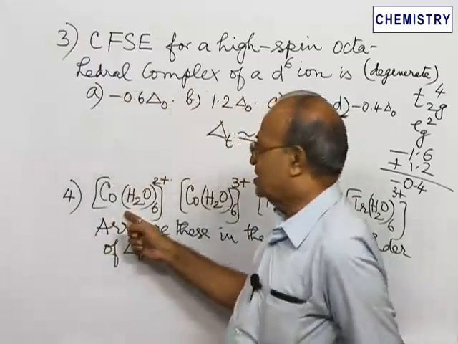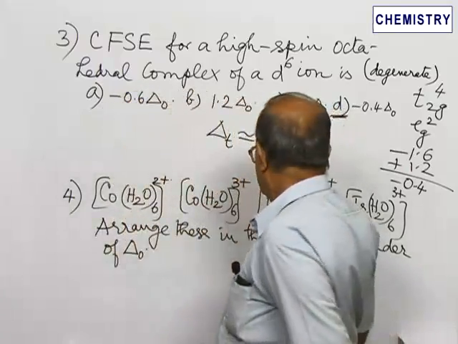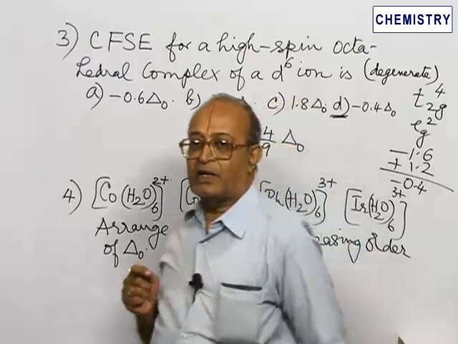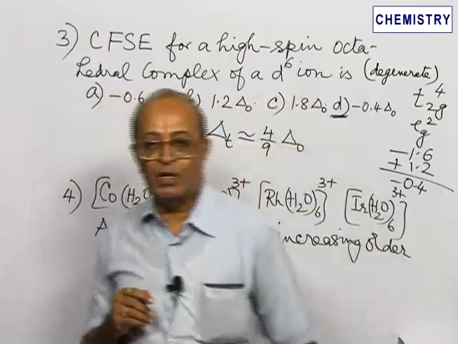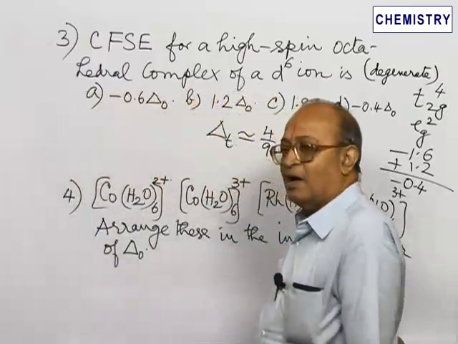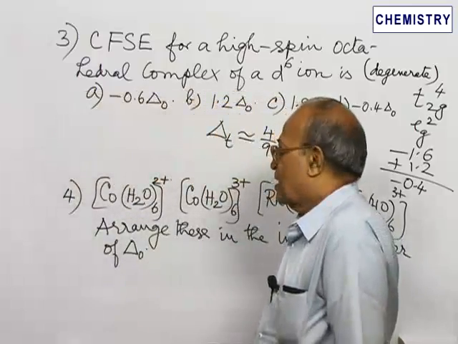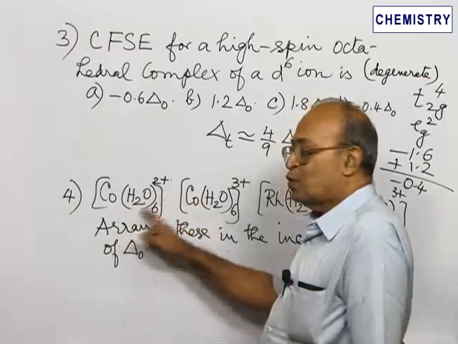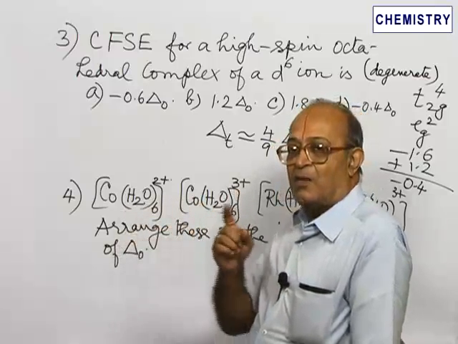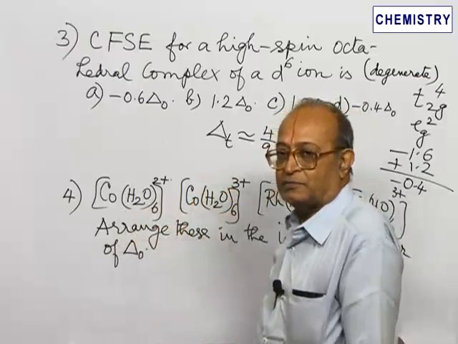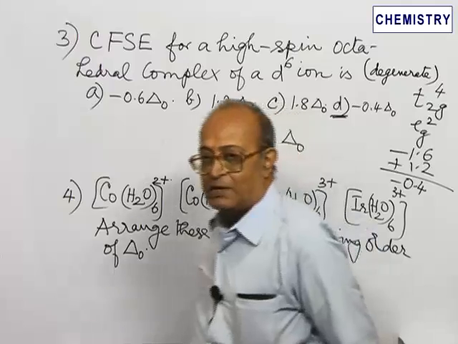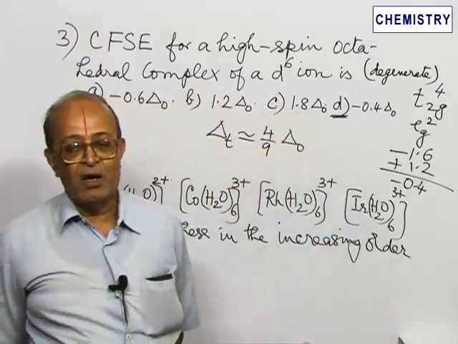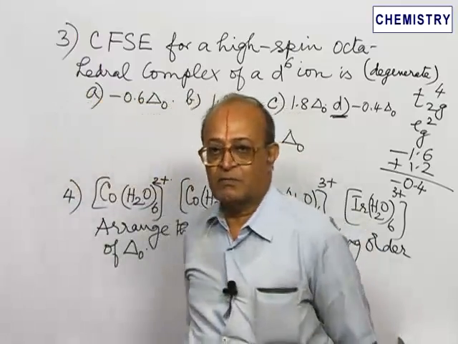Except the first example, all other complexes bear 3 positive charges. First one plus 2, all right. First 2 complexes are complexes of cobalt, but third and fourth, the central metal ion differs.